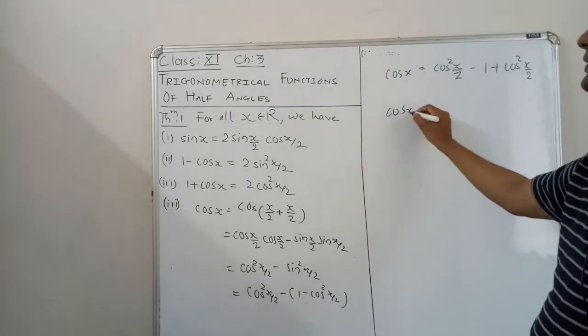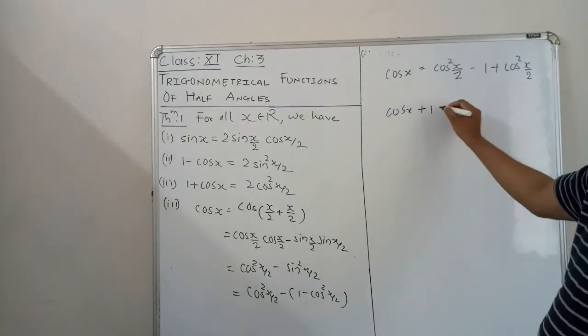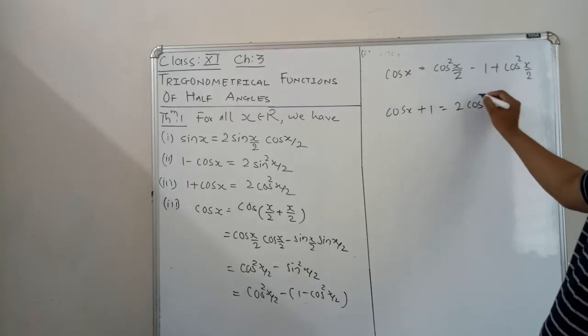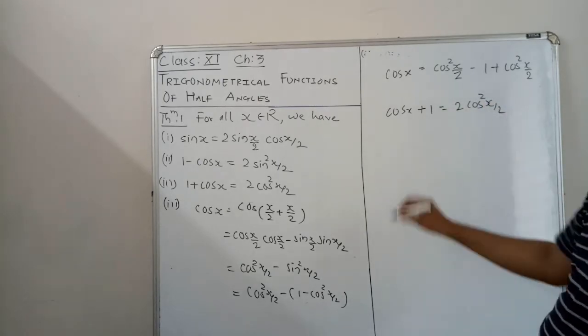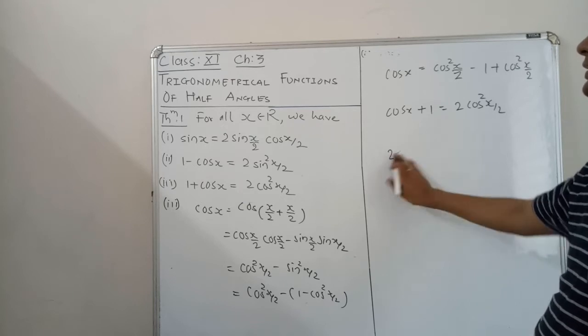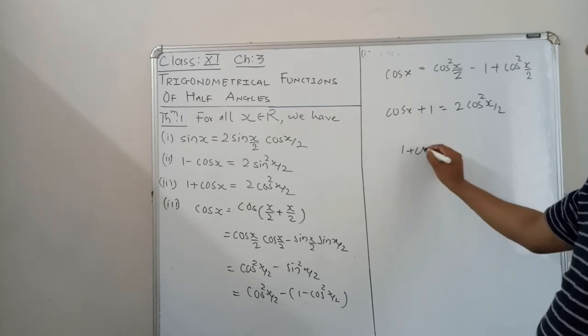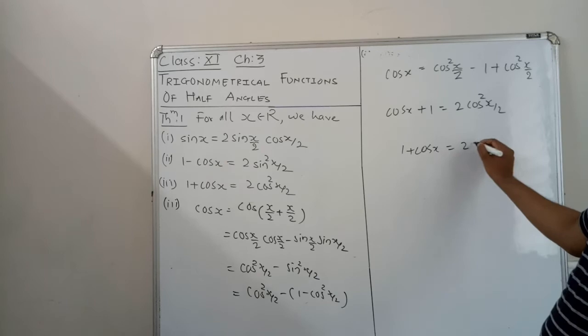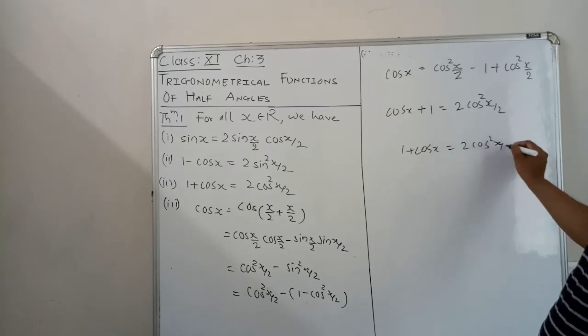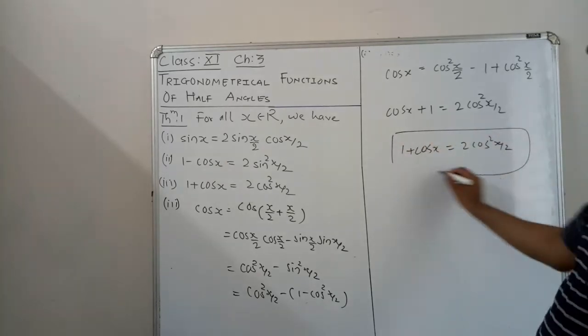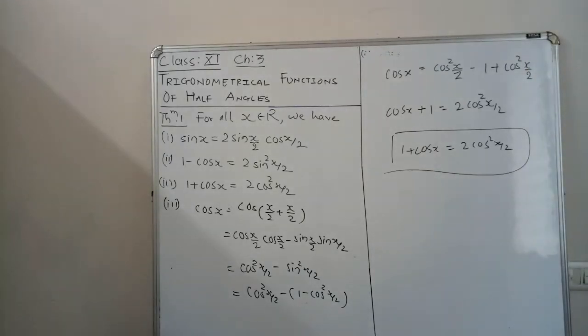So cos x plus 1 is equal to 2 times cos square x by 2. So simply we got the result, right? 1 plus cos x is equal to 2 cos square x by 2. Clear? Any doubt? No. So these are the results for the half angles.